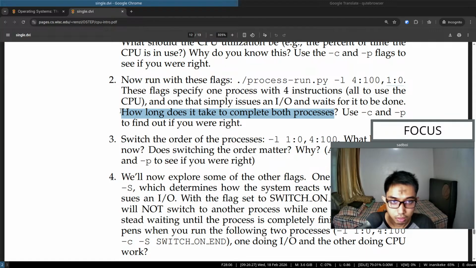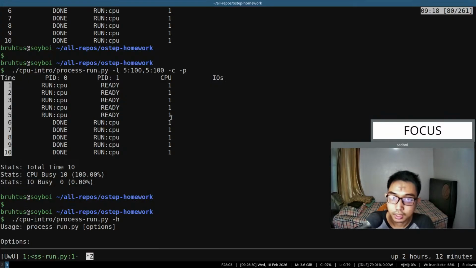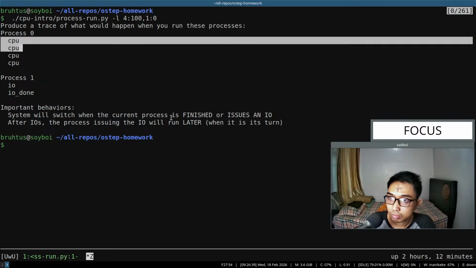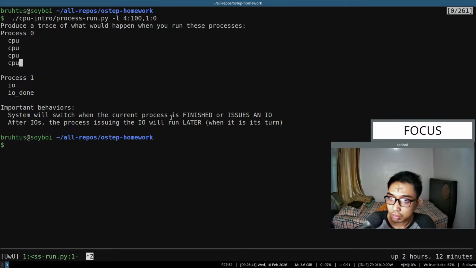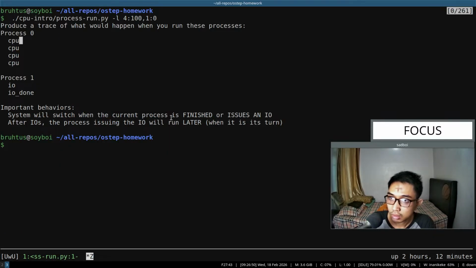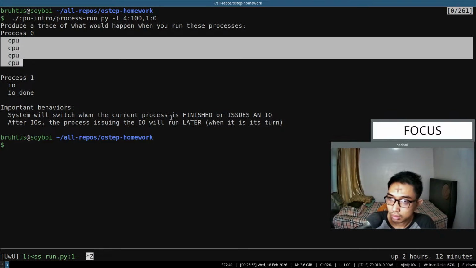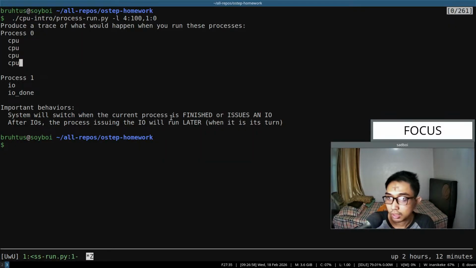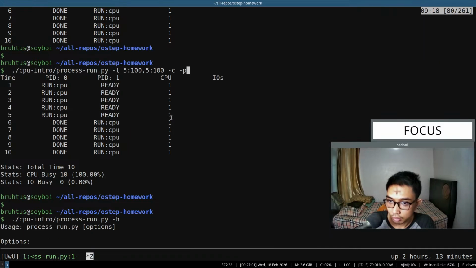How long does it take to complete boot process? 2010. Okay, I assume this is one time, right? So this is maybe 4 time. I mean, I am not sure what is the time measurement in this.